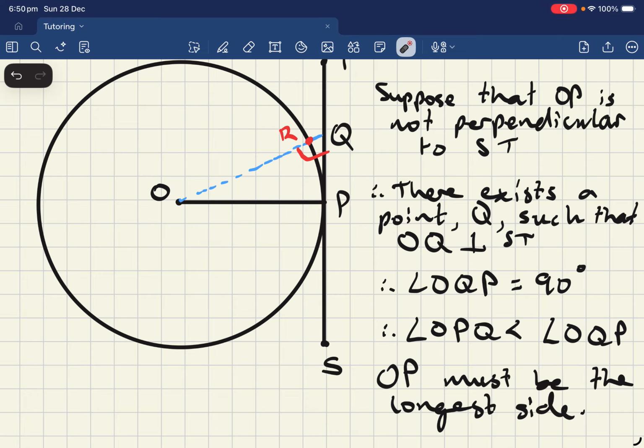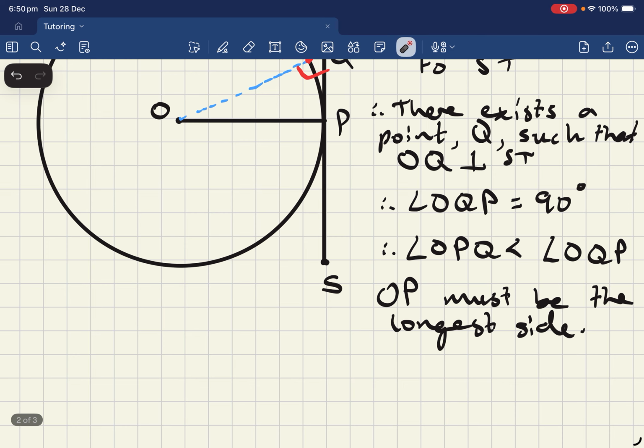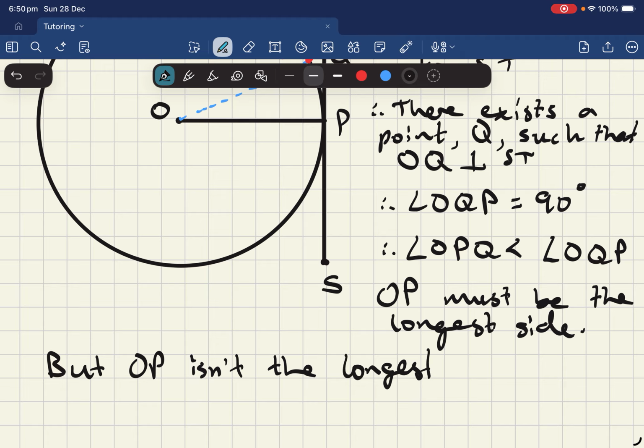OP is the radius, OQ is the radius and then some. I know we haven't formalized it in proof, but we see OP must be the longest side, but it isn't the longest side. Therefore, a contradiction exists.